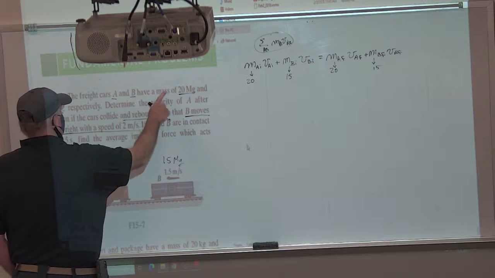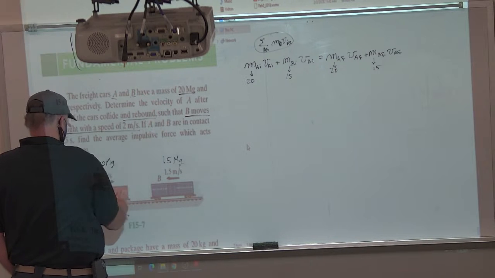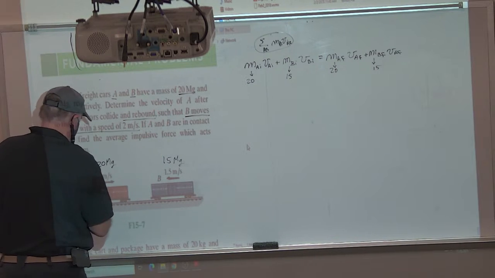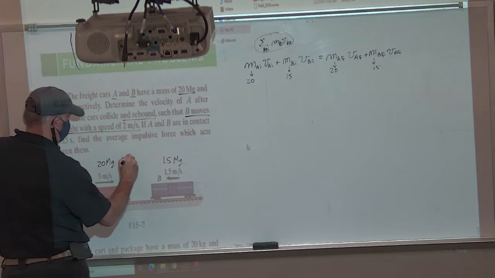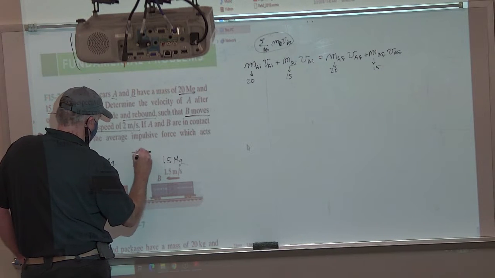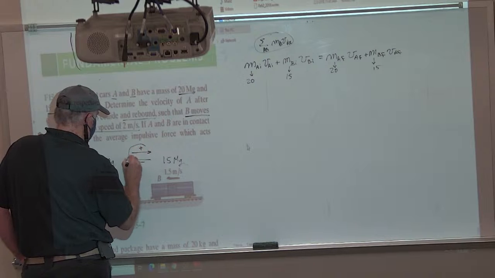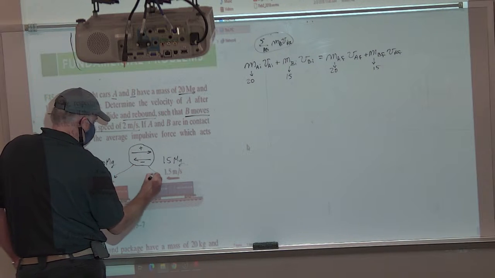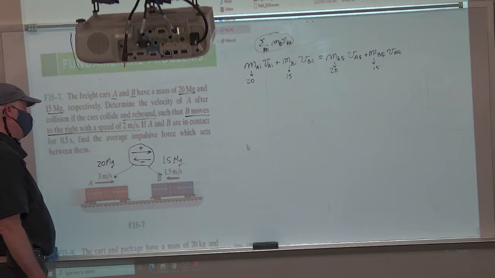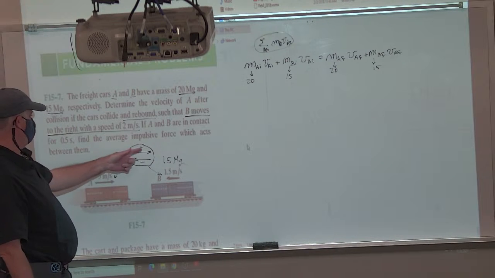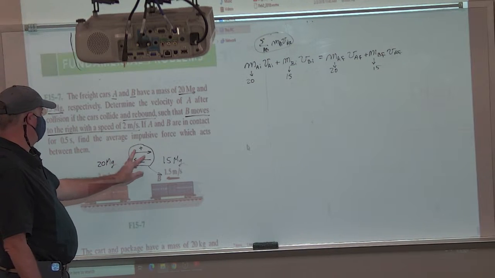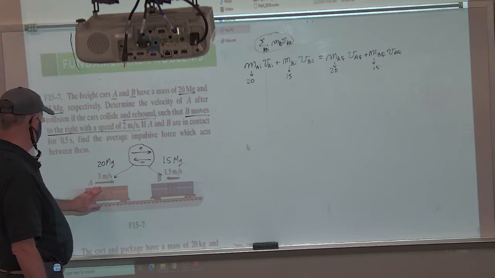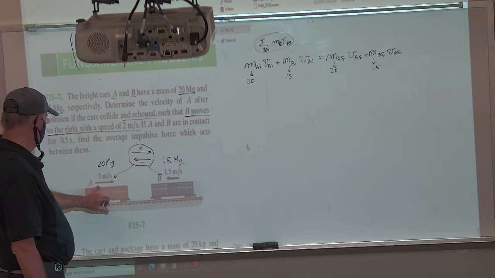We have that, okay, so we have this one moves to the right. Now here's the key. There is a positive, negative connotation when it comes to velocities. To the right being positive, the left being negative, or if you want to flip them, it doesn't really matter. You have to keep up with what's positive and what's negative.